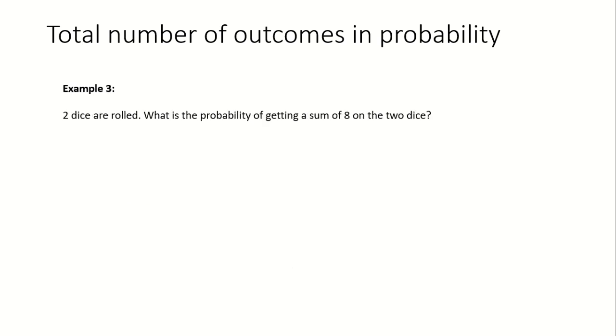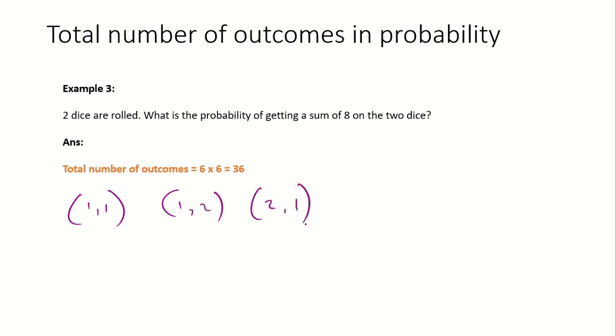Okay. Now let's take another example. 2 dice are rolled. What is the probability of getting a sum of 8 on the 2 dice? In this case, the total number of outcomes is 6 squared, which is 36. If you list down the outcomes when 2 dice are rolled, this is one outcome, this is another outcome.